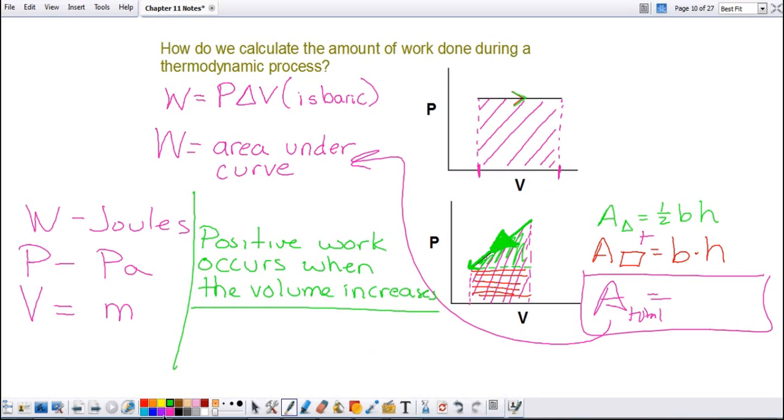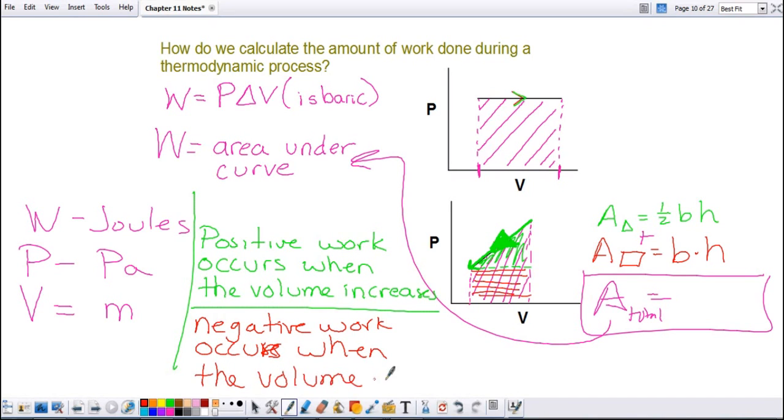Similarly, negative work occurs when the volume decreases. So in my second example down here, the volume started high, ended low. This would be negative work. And the arrow is always going to be telling you which direction things are moving over time.